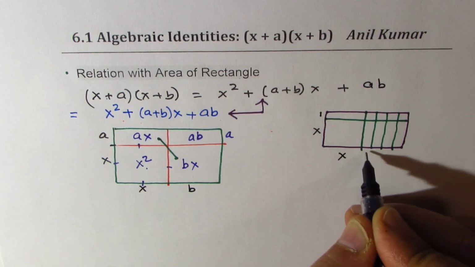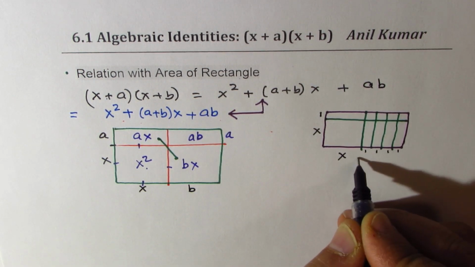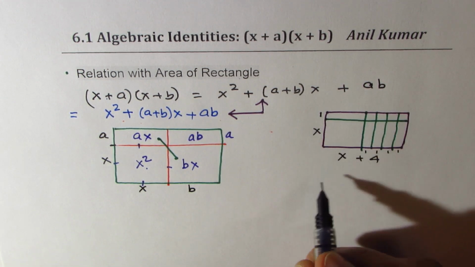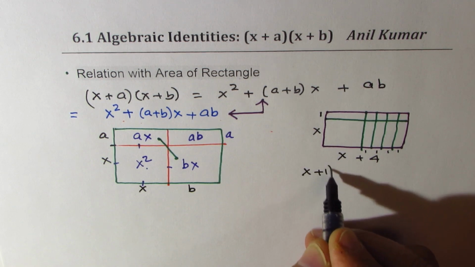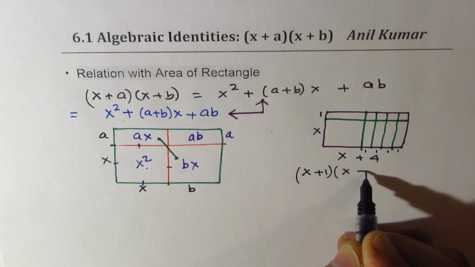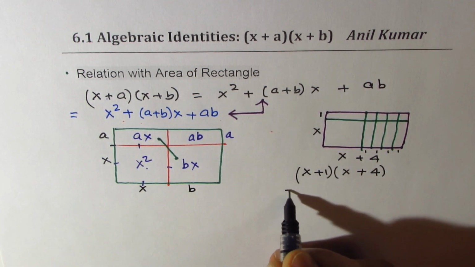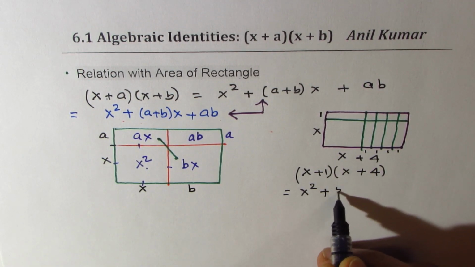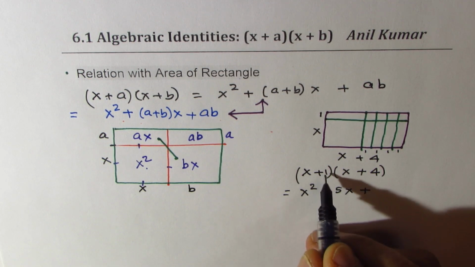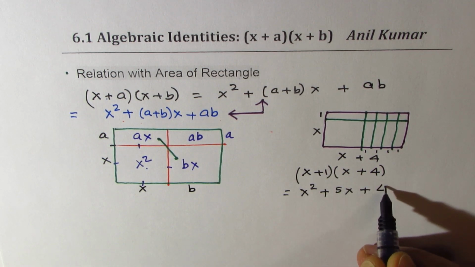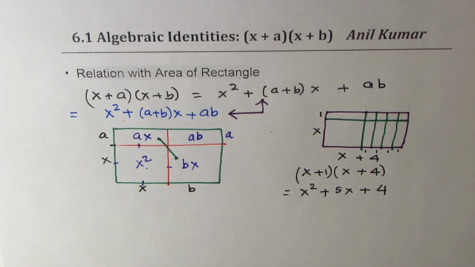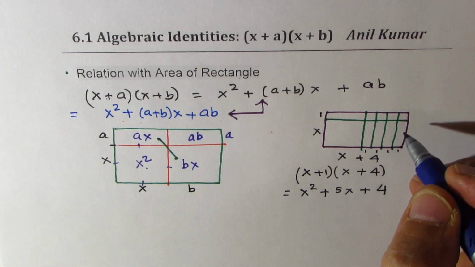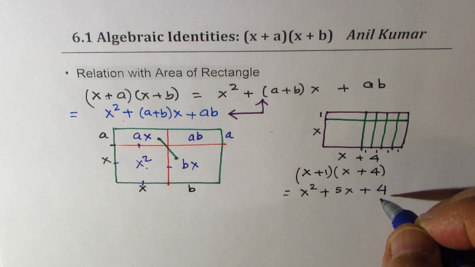On this side I have x, 1, 2, 3, 4 units, so x + 4. Do you see that? So the area of the whole will be (x + 1)(x + 4), which will be equal to x² plus, add these two, 5x, plus multiply 1 and 4 to get 4.